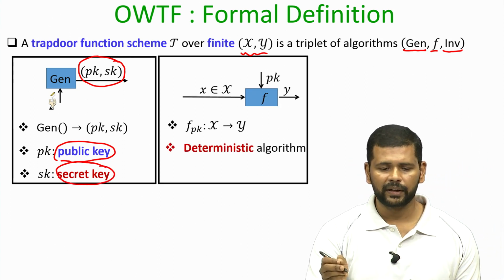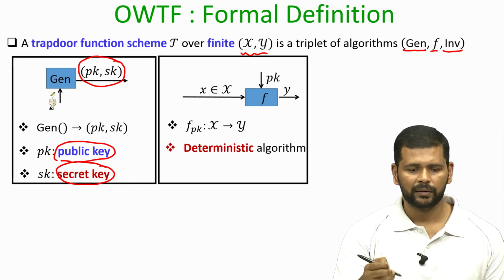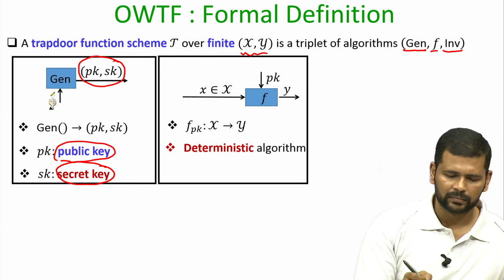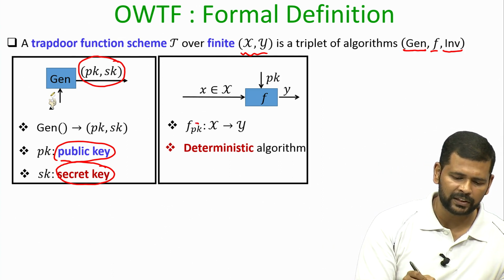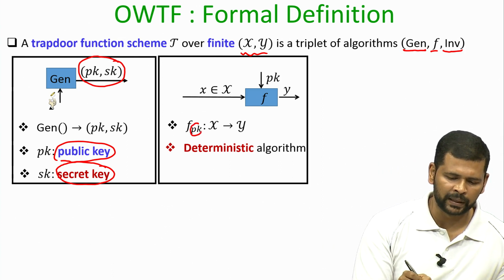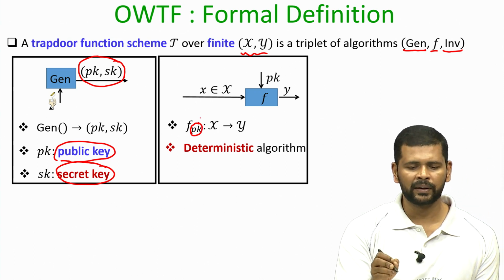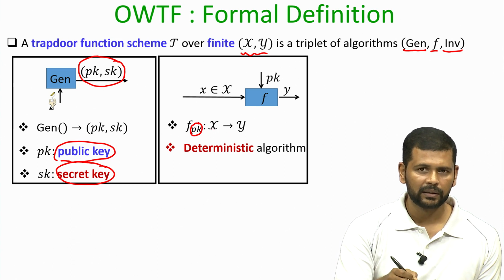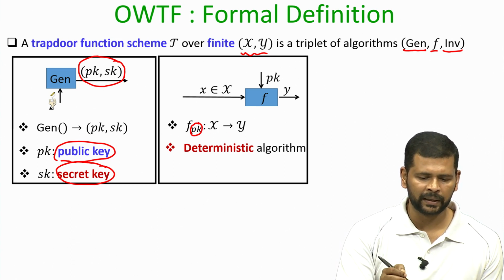Now, what is the function f? Well, it is a function from the set fancy X to the set fancy Y. It is a function parameterized by a public key pk. So, anyone can evaluate this function provided they know the description of the function and the public key pk.